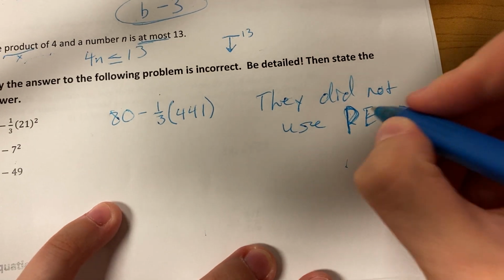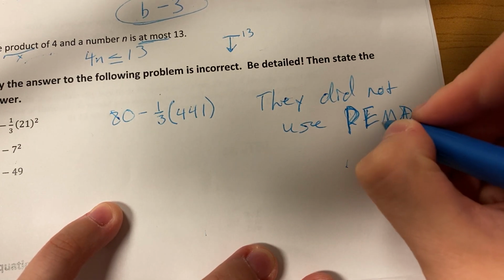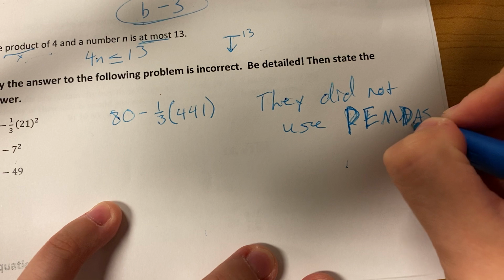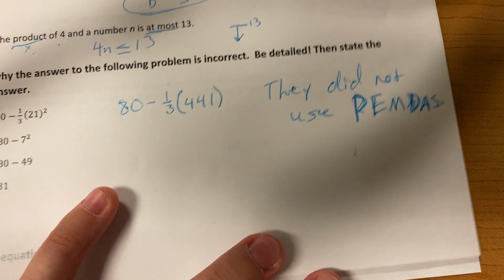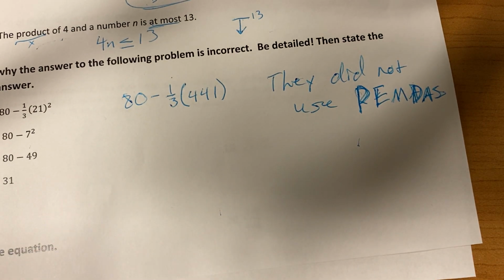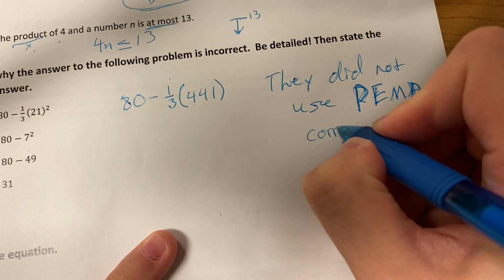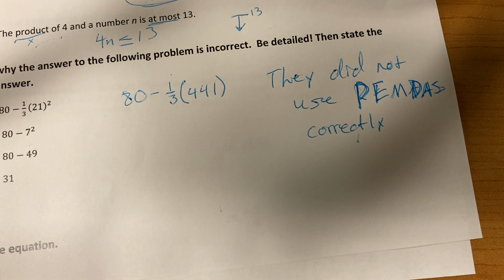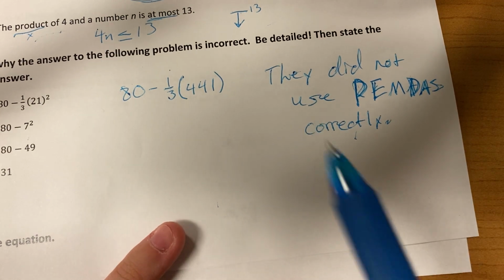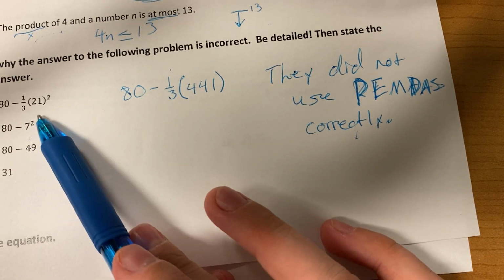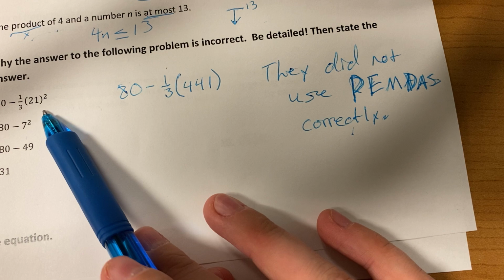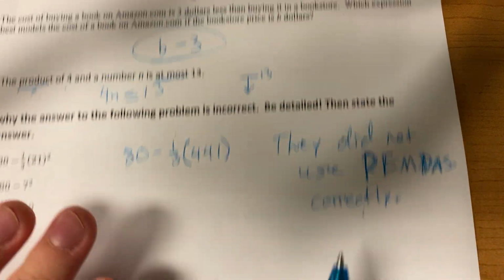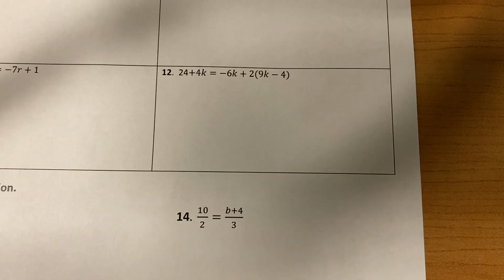Sorry. PEMDAS. And I don't know what you mean if you say that. Or they did not use order of operations correctly. So to me, that's detailed enough. You could also say they did not, instead of doing exponents first, they multiplied first, which we don't do. So just any explanation that kind of gives me that info.